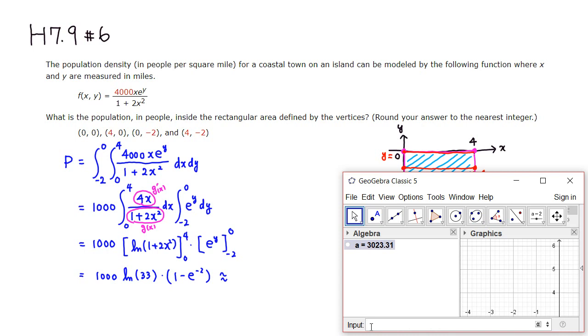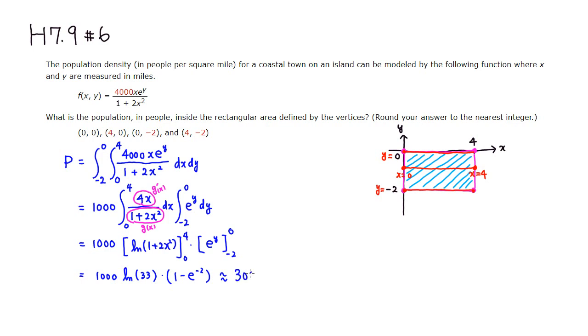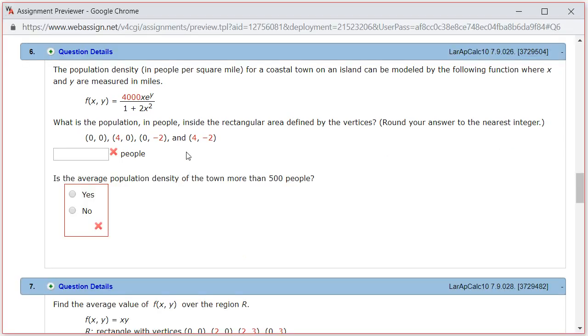Hit enter. It came out to be 3023. So let's type it in, 3023, and check the answer.